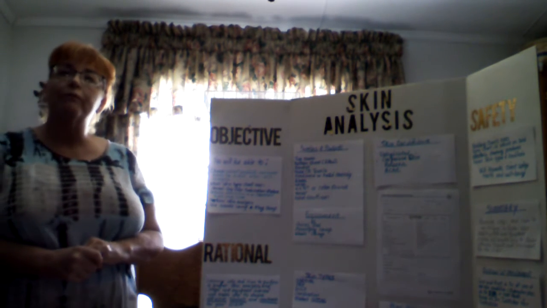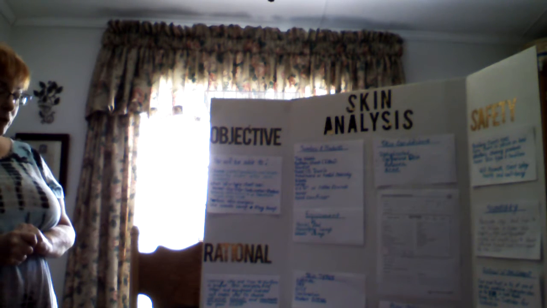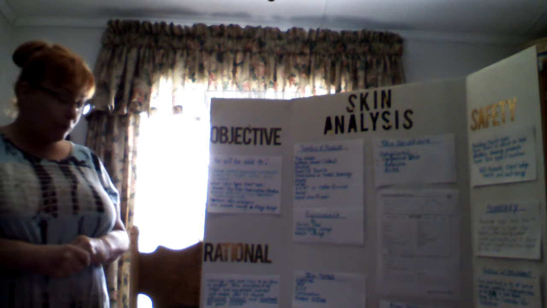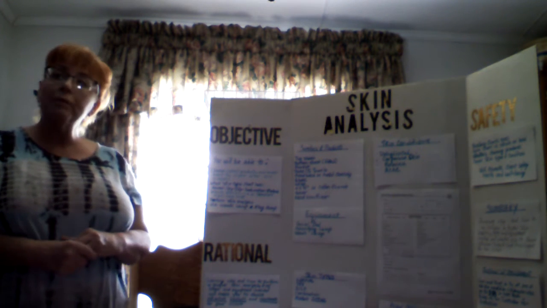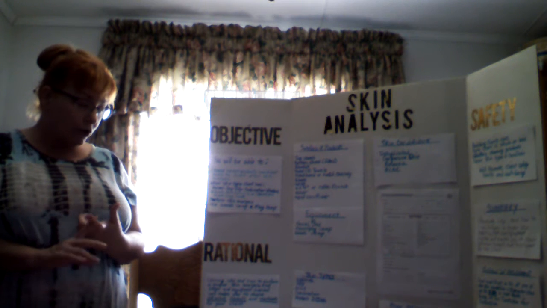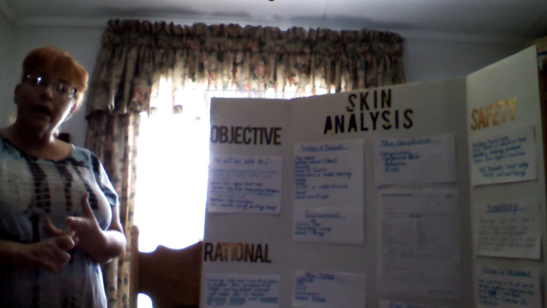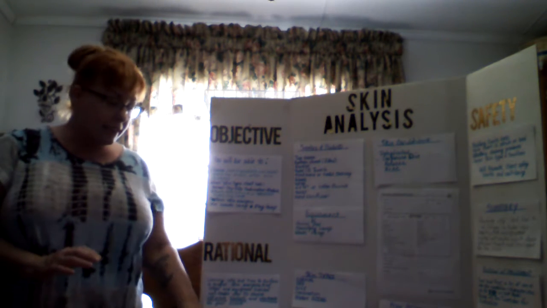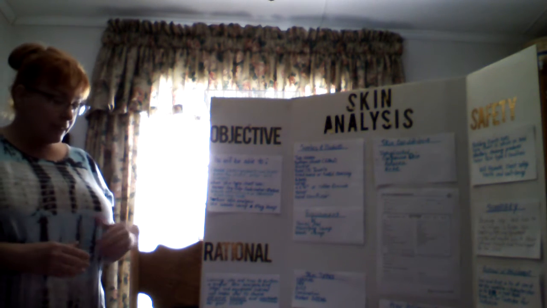Sebum is another name for oil, so dry skin lacks sebum production. An oily skin has excess sebum production. And a combination skin is both, usually normal and dry or oily and dry. It can be 2 different skin types from this list.